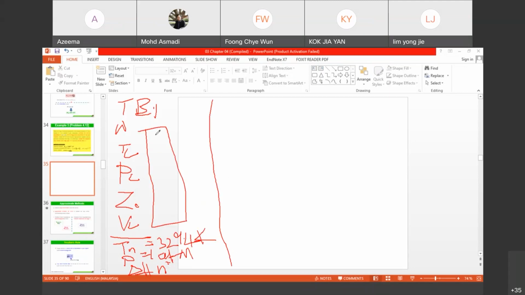Once you determine TC, PC, TN, please determine TRN, which is TN divided by TC. And then PR, which is P divided by PC. So we calculate from the boiling point state.